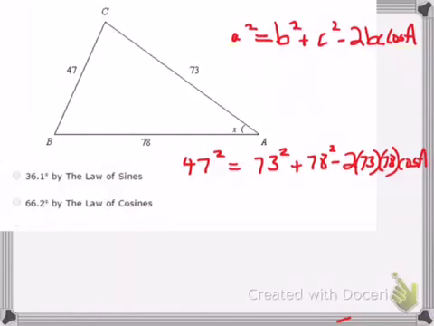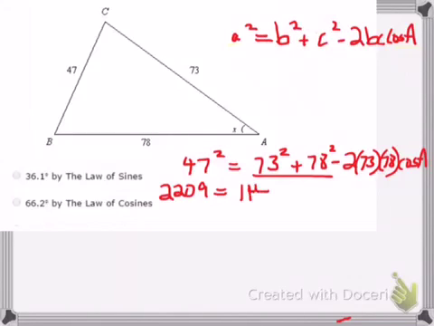Now you don't have to expand things. You can leave it as 47 squared and let your calculator do the expansion. But let's go ahead and do this. I'm going to add these two together: 73 squared plus 78 squared is 11,413.